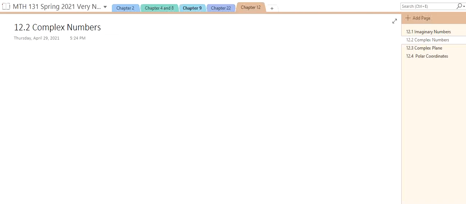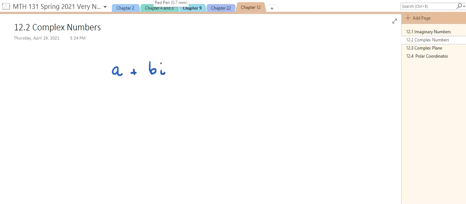Okay, we can combine a real number with an imaginary number and get a different type of number that we call a complex number. And a complex number has the form of a plus bi.